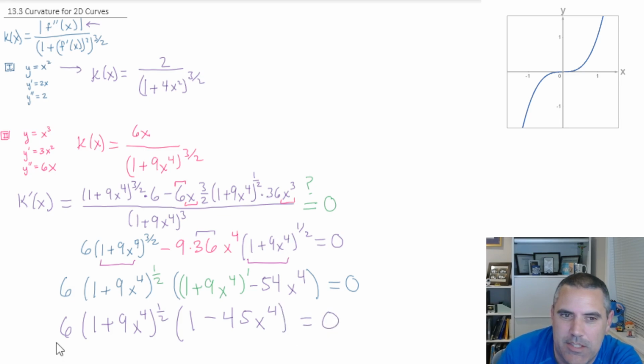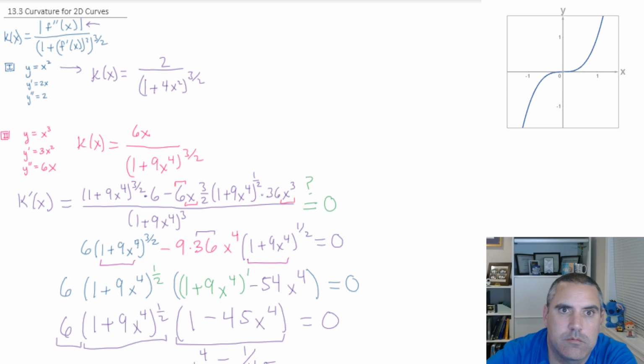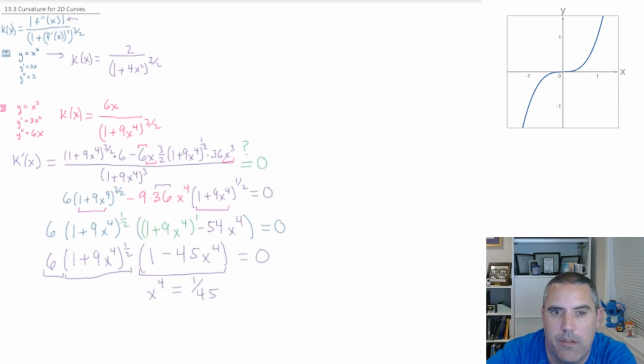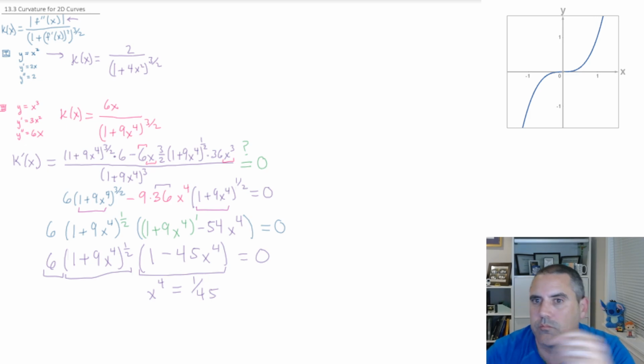And then if you set this equal to 0, that means either this is 0 or this is 0, and neither one of those things can happen, or this is 0. And then you would find that x to the 4th has to be equal to 1 over 45. Now something feels funny about that, but let's keep going.